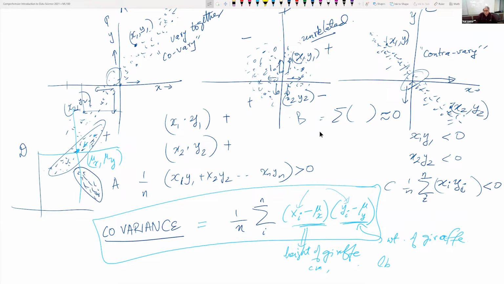If on the other hand you took this in meters and tons, then you would get much smaller values, right? You know that height and weight will be correlated positively. Bigger giraffes tend to be heavier giraffes, but depending on your unit of measurement, the value that you will get for covariance will be different.